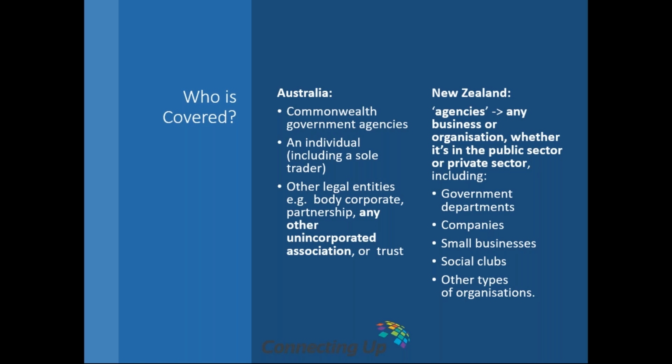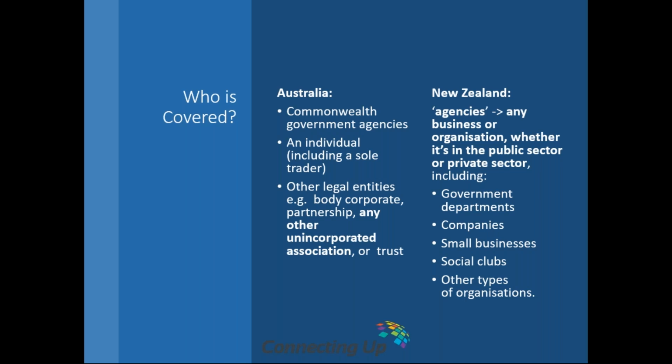Just to talk about Commonwealth government agencies for a second, in Australia, the Privacy Act is a piece of federal legislation, and it doesn't apply to state government agencies. So service providers to state government agencies are going to come under the state privacy laws, to the extent that there are state privacy laws. A couple of states in Australia don't have any laws, which is an entirely different discussion.